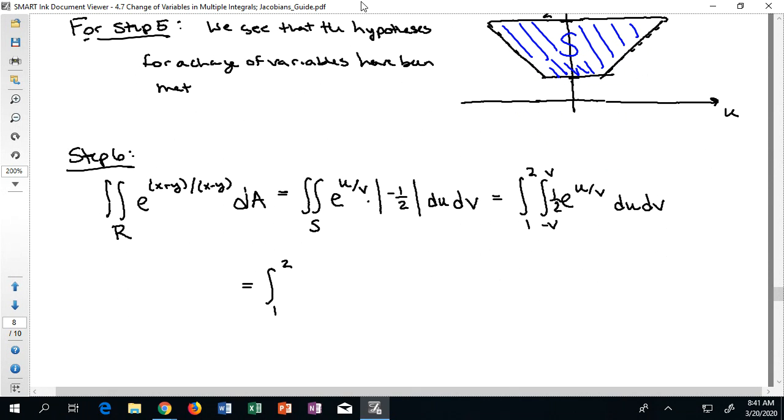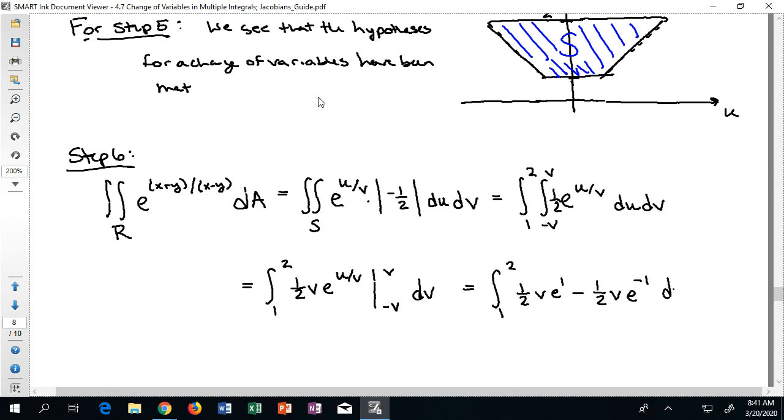The antiderivative here, you could double check me, but I believe it's going to be a 1/2 v e to the u over v. And I just have to evaluate that from -v to v. This would turn into an integral from 1 to 2 of 1/2 v e to the 1 minus a 1/2 v e to the -1.